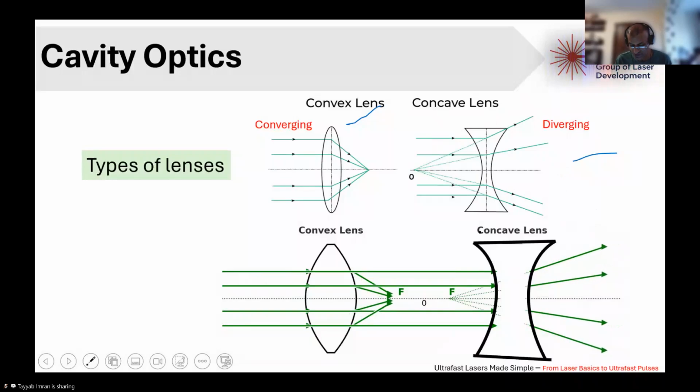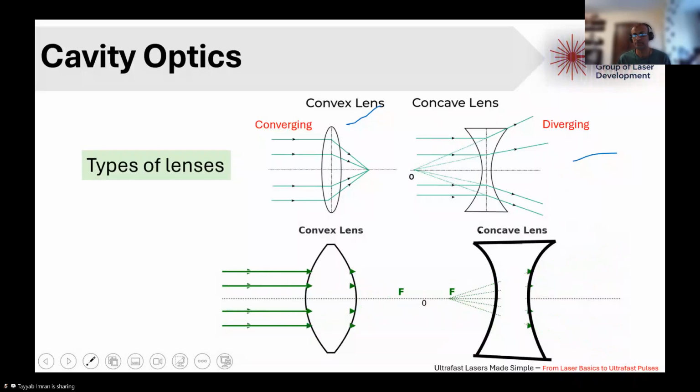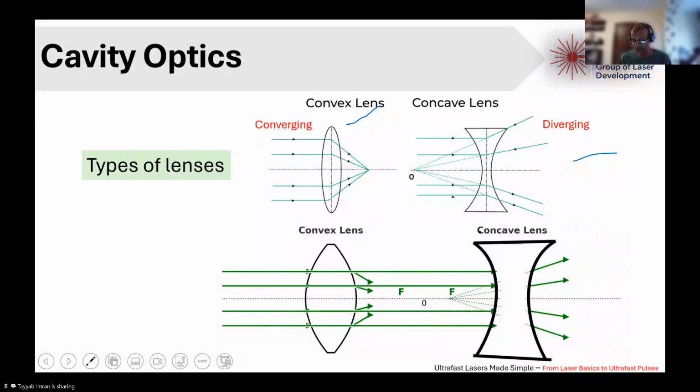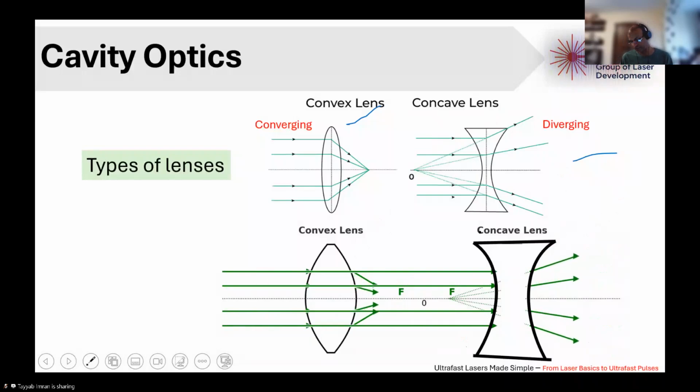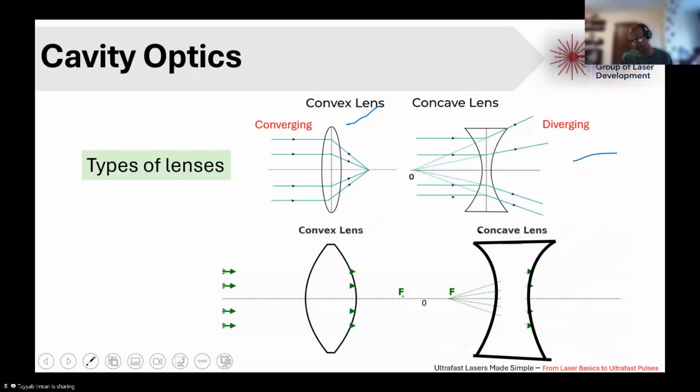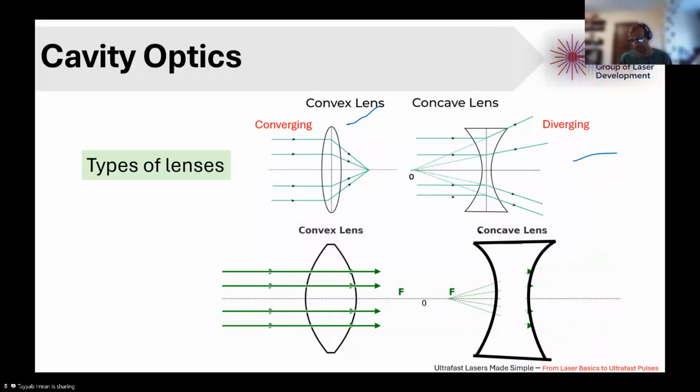Same thing you can see in the animation here. The light is coming and passing through this convex and this is concave. You can see it's diverging in all the directions here and it's focusing here in case of a convex, okay?